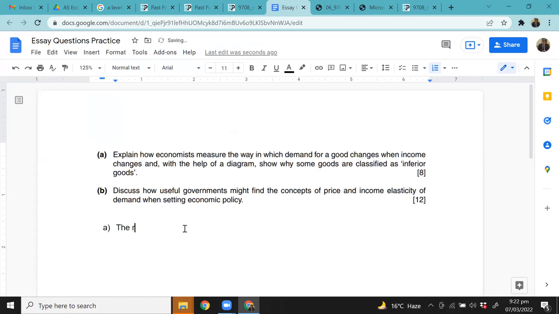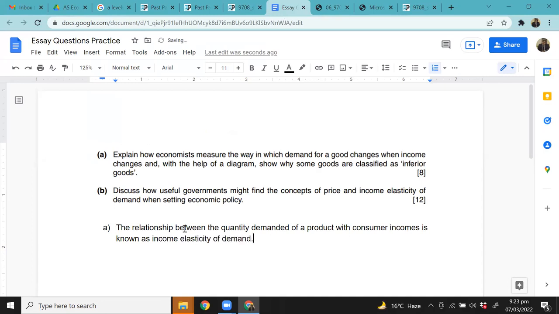The relationship between the quantity demanded of a product and consumer incomes is known as income elasticity of demand, right? So this is how you can start off your answer, that the relationship between the quantity demanded of a product with consumers' income is known as income elasticity of demand, right?